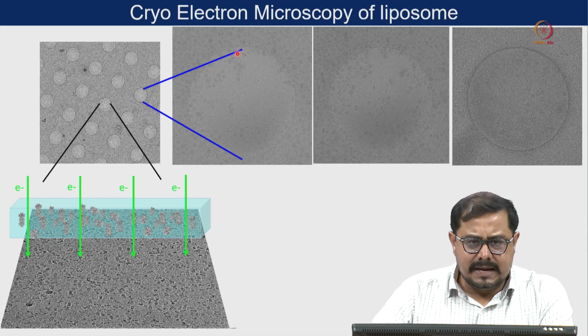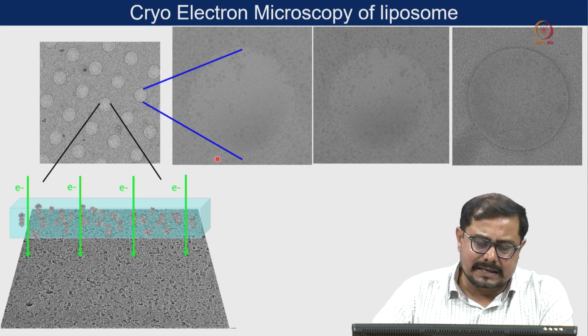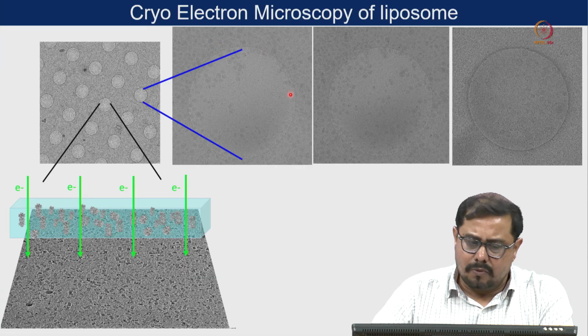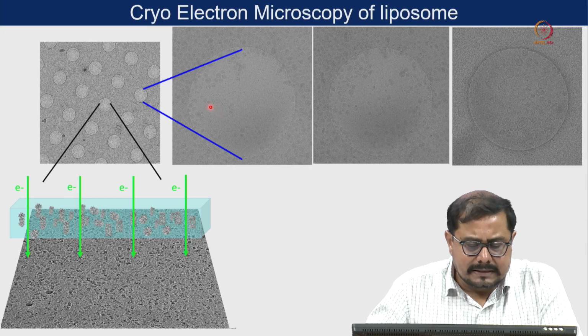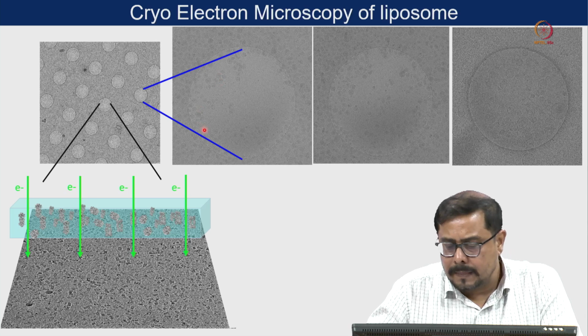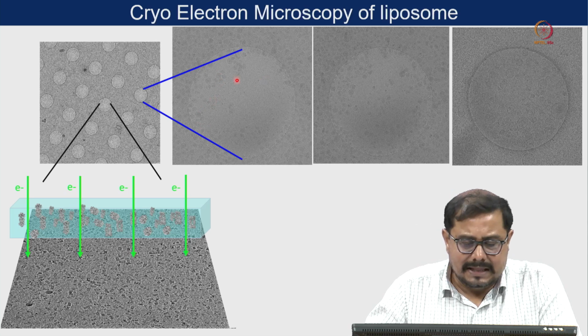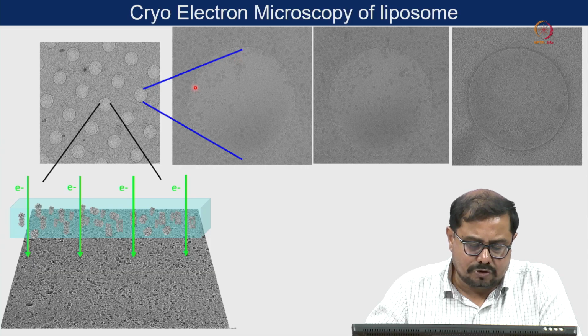Now when you are freezing this liposome sample, you can see a hole. This is the hole we enlarged and are showing here, where you can see different liposomes, and those circular things are the liposomes. In some cases the liposome is concentrated near the carbon area.